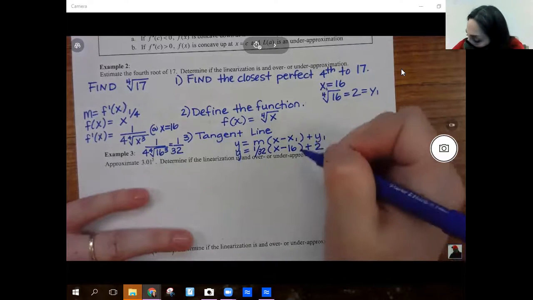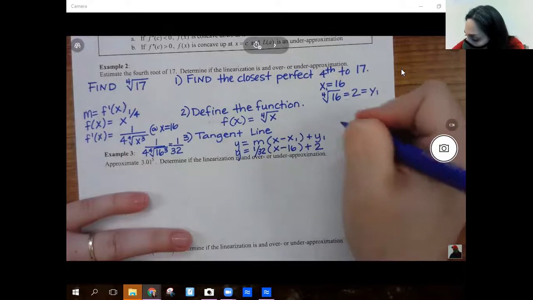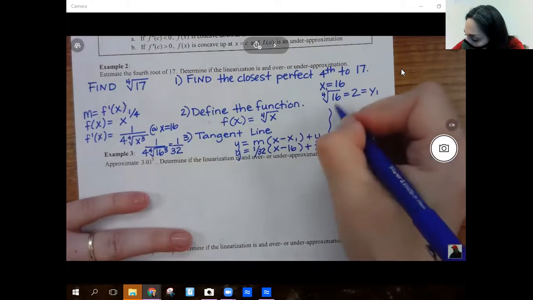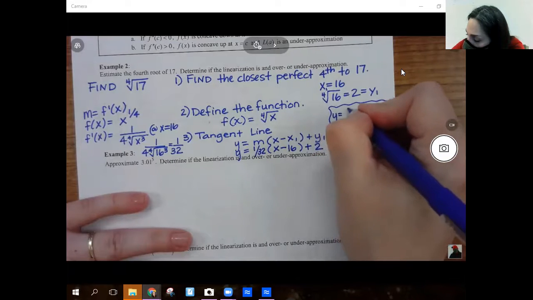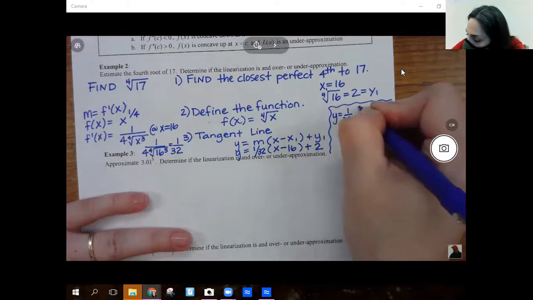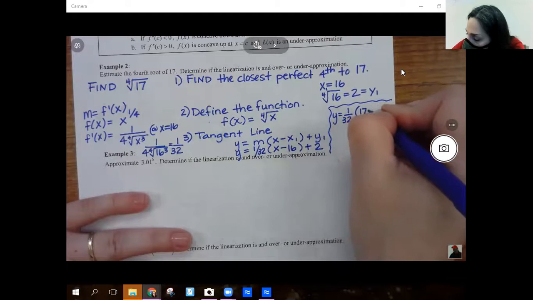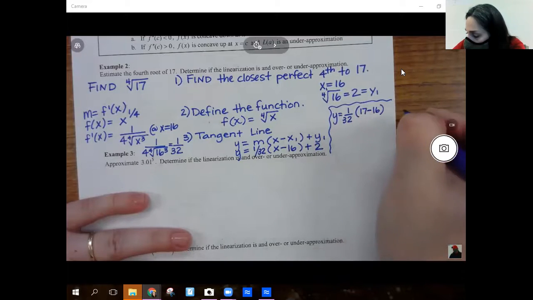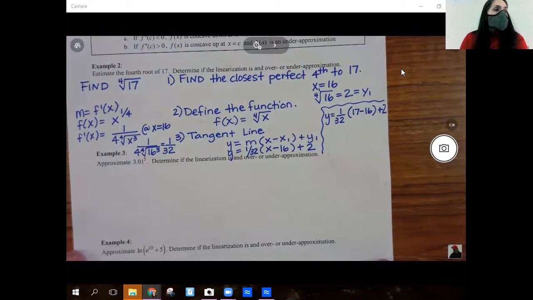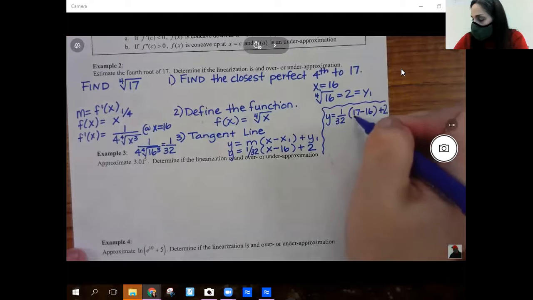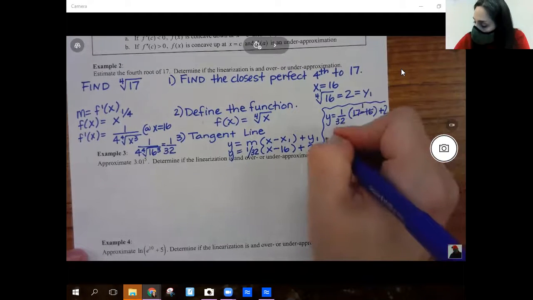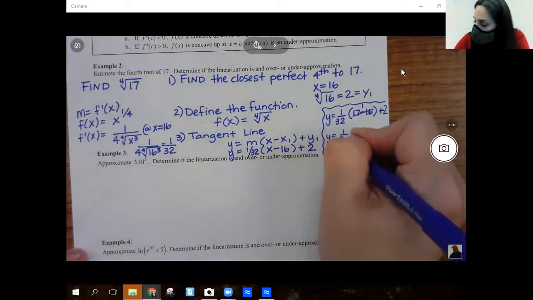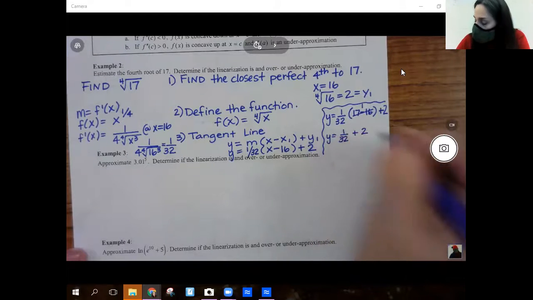All right, so you are now going to actually figure out the fourth root of 17. So you're going to do y equals 1/32 times 17 minus 16 plus 2. Well, 17 minus 16 is 1. So this would be 1/32 plus 2.